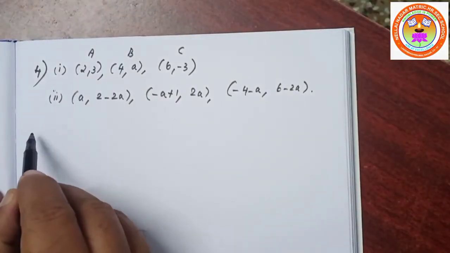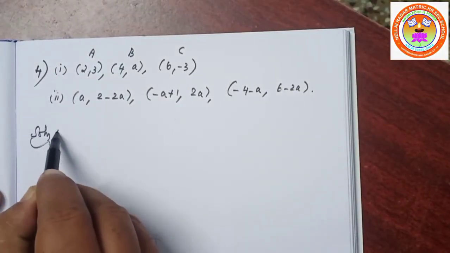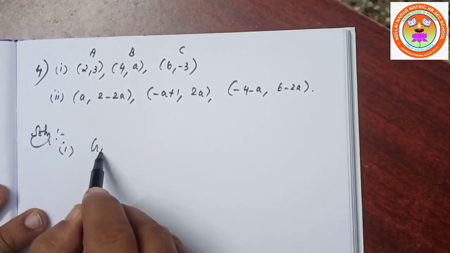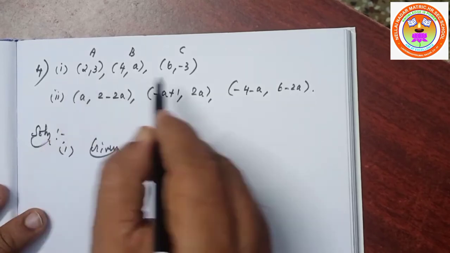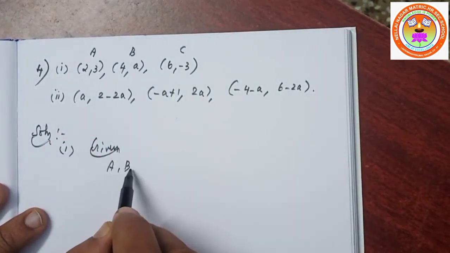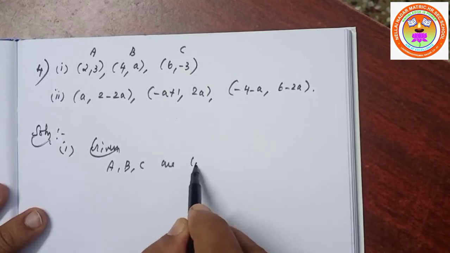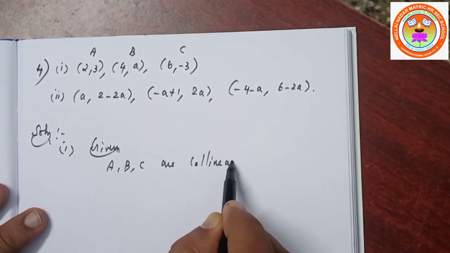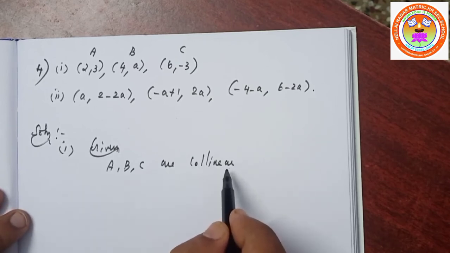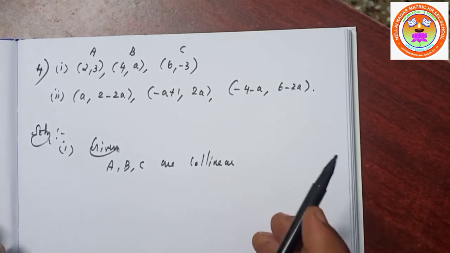Question number 4, subdivision number 1. Given the 3 points capital A, B and C are collinear. It is given in the question itself, collinear. Already I told you, if all the 3 points lie on the same straight line, that is the meaning of collinear.